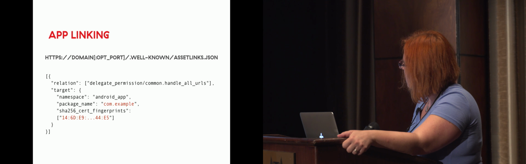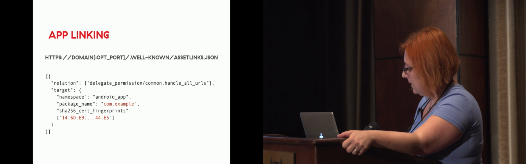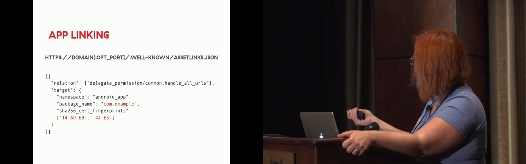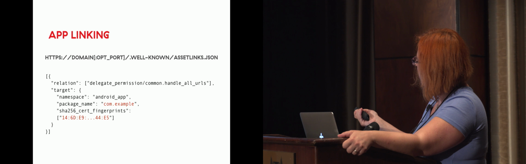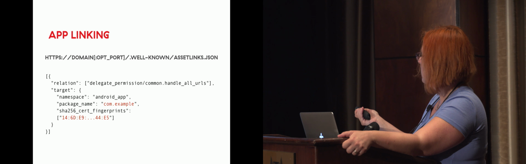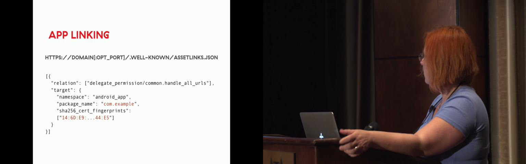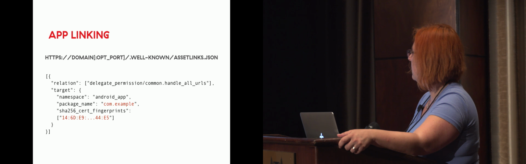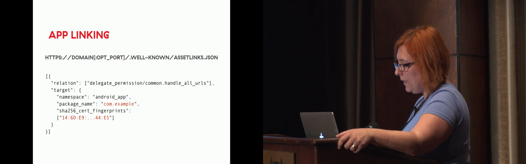So this is the configuration. Basically what you have is the place where you need to plant the JSON file with the configuration of the server, and this is basically all the code that's needed to link that to your application. That's what you place there.